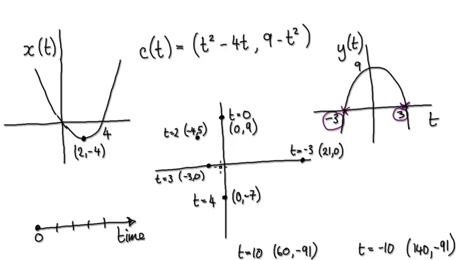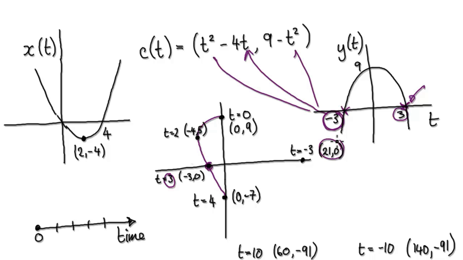When time equals positive 3, the y value is 0 right here, and at negative 3 it's also 0. If you want to know where, put it back into the x and y equations, and it will tell you the coordinates, 21, 0.